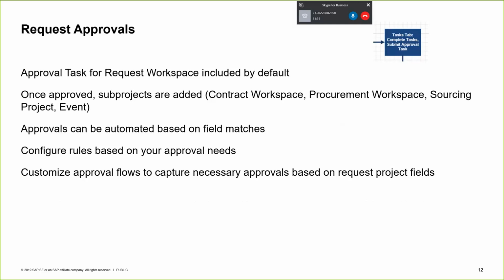And once approved, the sub-projects are added. For example, contract workspace, procurement workspace, sourcing project, or event are added based on the conditions that we have already seen. Approvals can be also automated based on the field matches. And of course, as any other approval flow, it can be configured based on your needs.